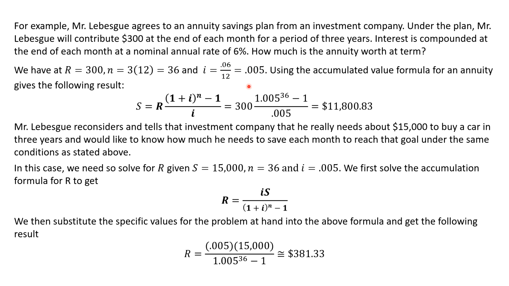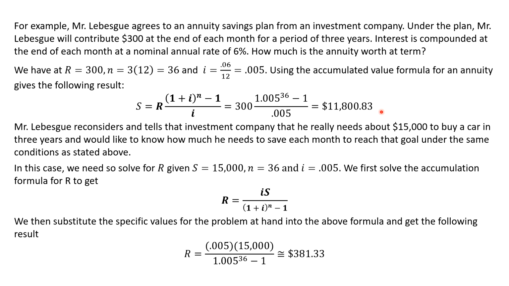And then we just plug into our formula from the previous slide. So we have R is 300, 1 plus i is 1.005 raised to the 36th power minus 1, divided by i, or 0.005, and we get $11,883.00.